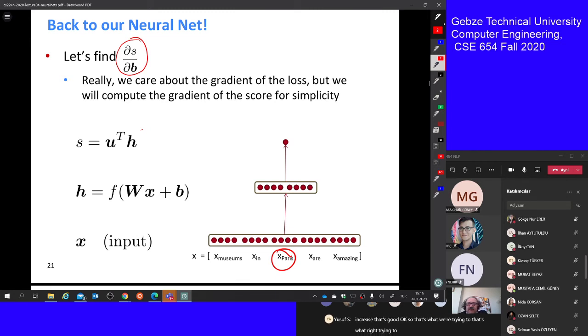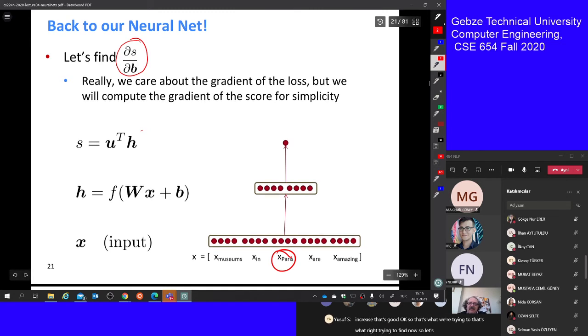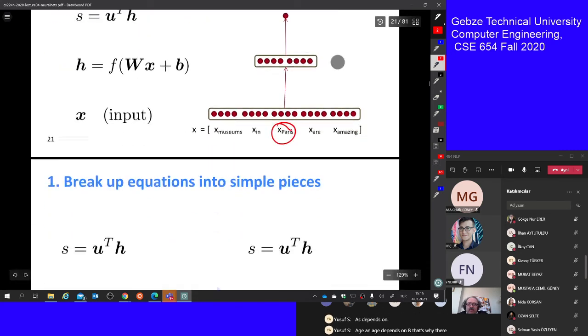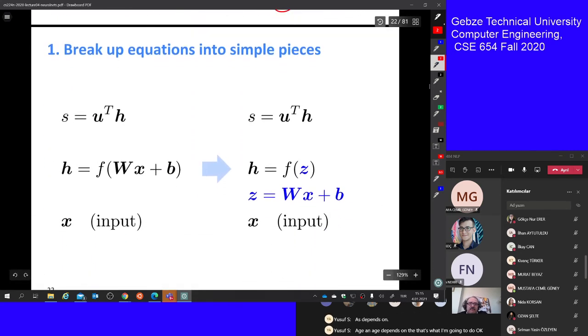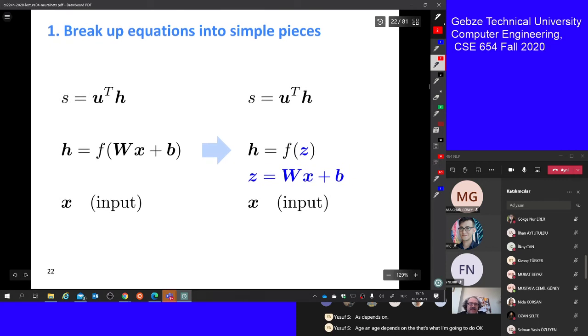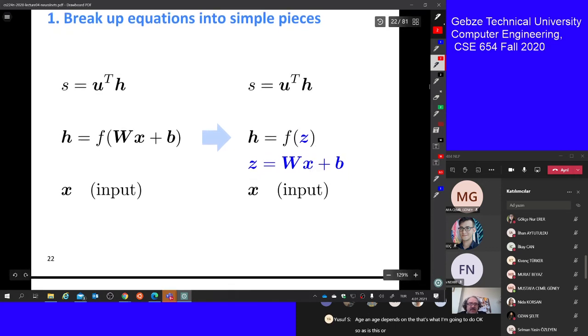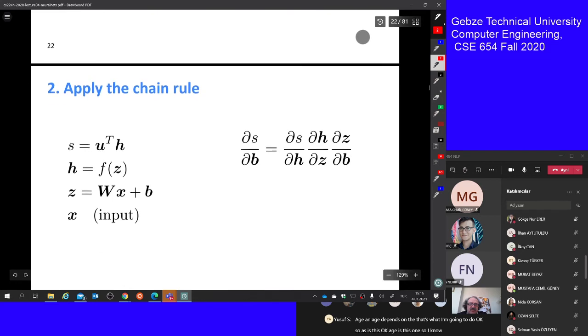find now. So let's take derivative of S with respect to B, but S depends on H and H depends on B. That's what I'm going to do. Okay, so S is this, okay, H is this one, so I know everything here.